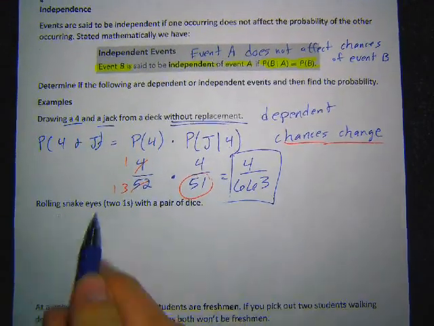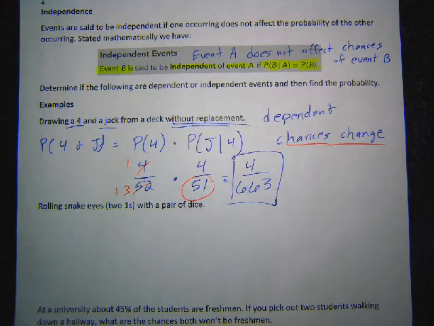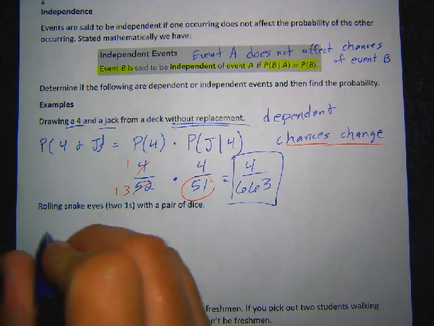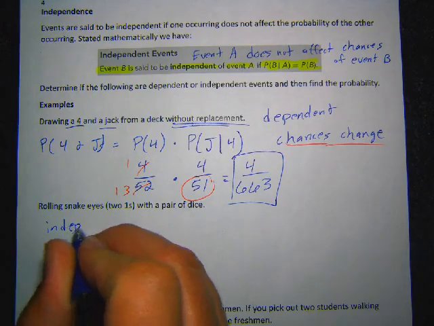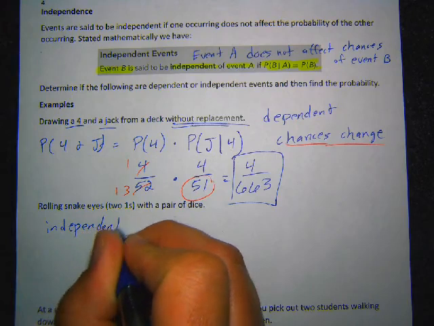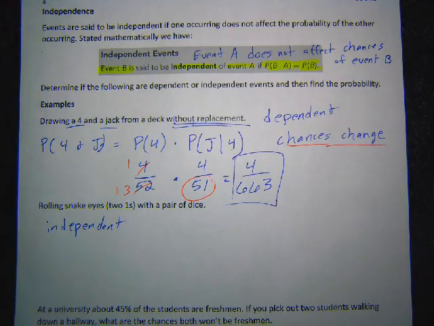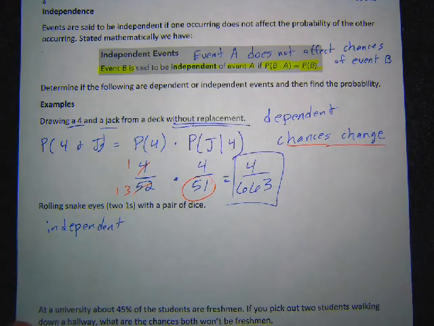Here we're going to roll snake eyes, which is getting 1 twice in a row with a pair of dice. Is that dependent or independent? Well, it's independent. Like I said earlier, dice rolls and coin flips are always independent because the first roll does not affect the second. You can't roll 1 the first time and that makes you have better or worse chances of the second one, because the dice doesn't remember what was rolled, it just rolls a new number.